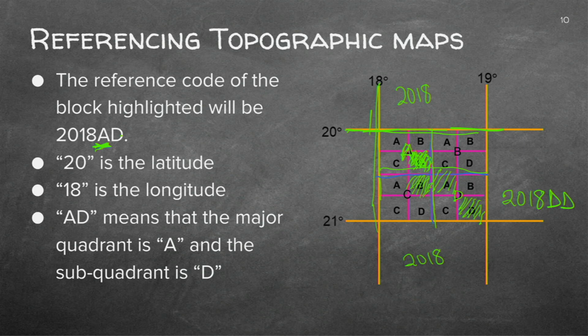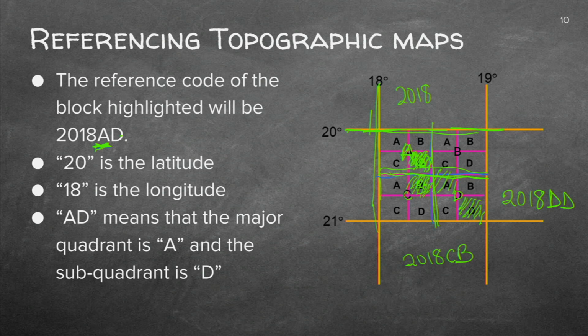So this will still be 2018, but the letters would be CB. Why CB? Because this falls within the 3rd quadrant and it is the 2nd map of the 3rd quadrant. So that will be 2018 CB. And so on and so forth. This is easy and it's fun to do, I am sure.